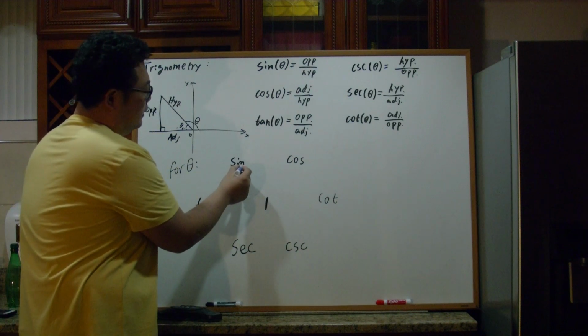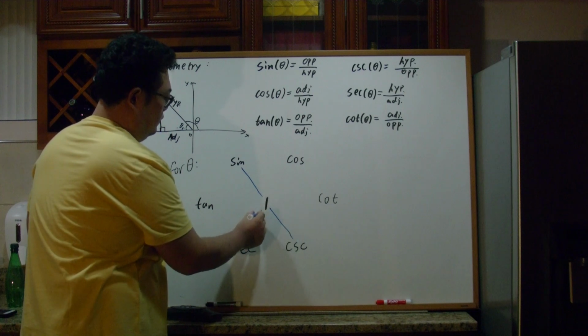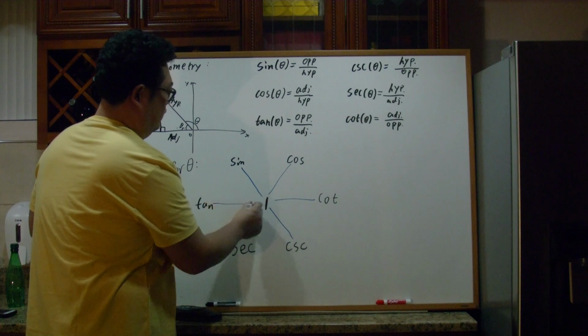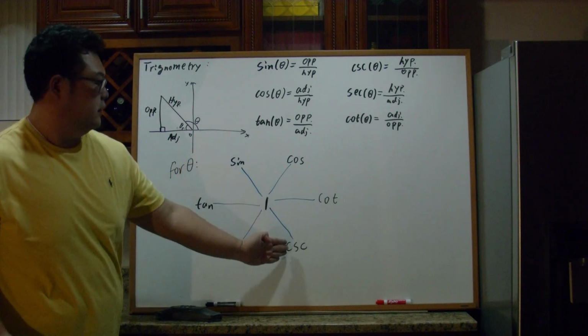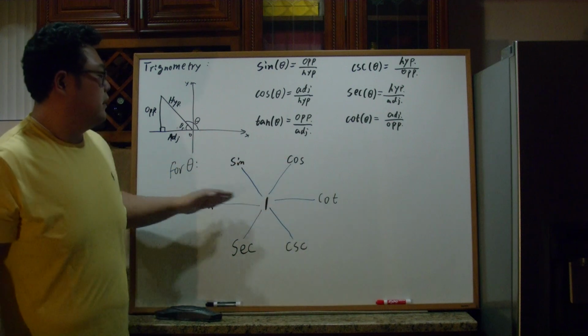The diagram here can help us memorize the majority of the relationships. First of all, the diagonals. Each diagonal has sine and cosecant, secant and cosine, tangent and cotangent.